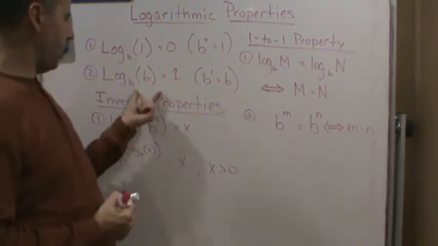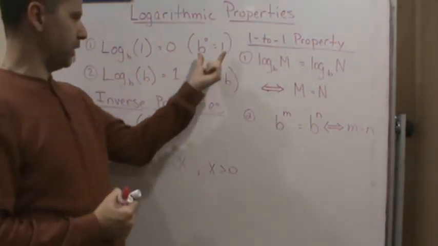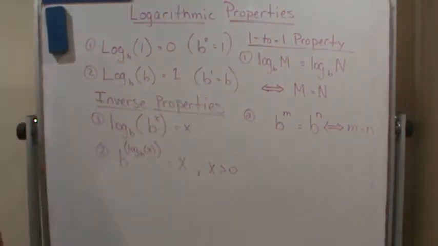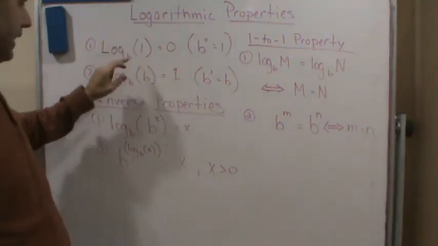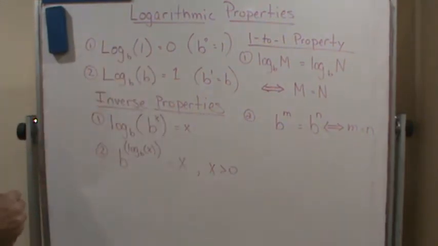So looking at the logs and seeing them in the exponential form makes sense. Okay, so this is true for any base b except for base 1, right? b can't be equal to 1. Or actually, b can be equal to 1. Yeah, take that back.